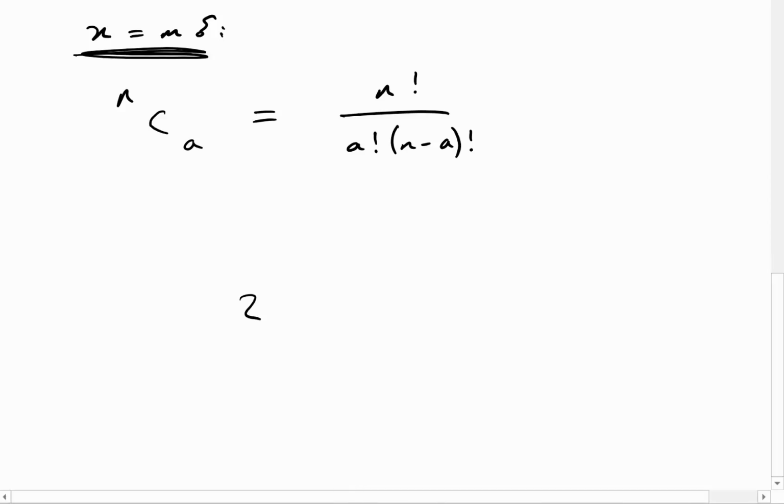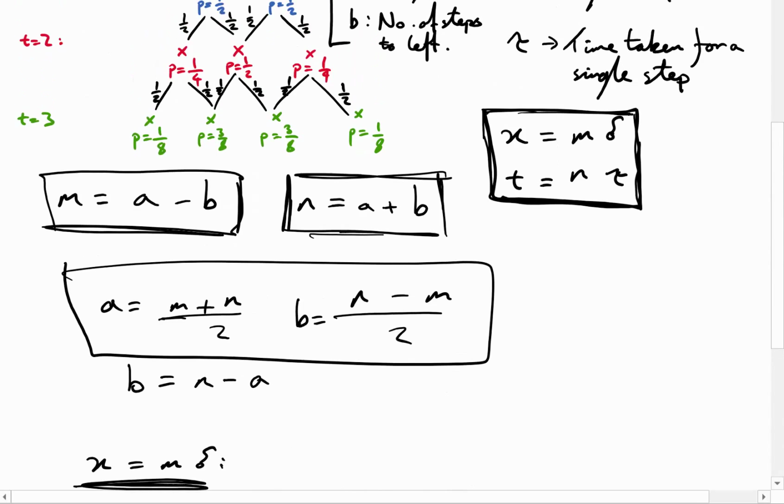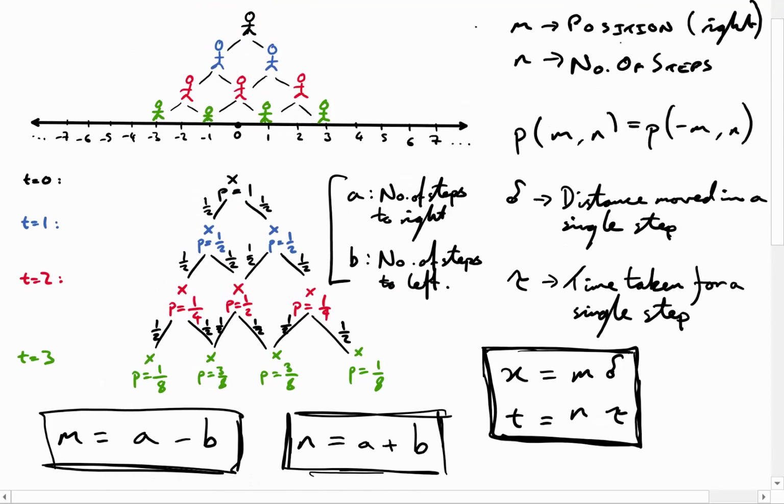And it's obviously going to be 2 to the power of n. So say if n was 3, that's the number of steps I've taken, 3 steps, then the total number of paths I can possibly take is 2 to the n. And hopefully you might be able to see that from this kind of tree, because there are always 2 possibilities that I can move.